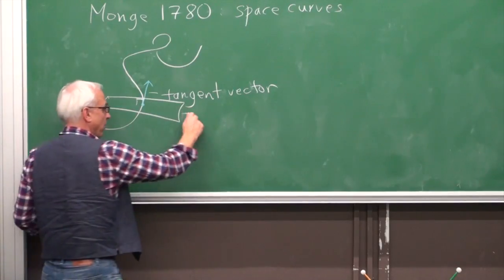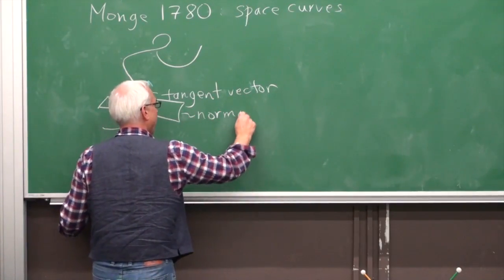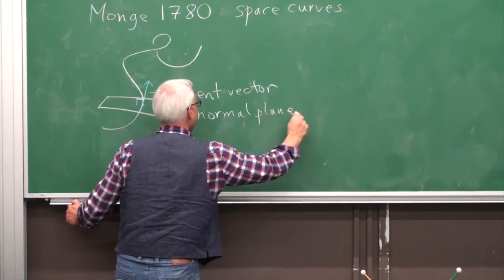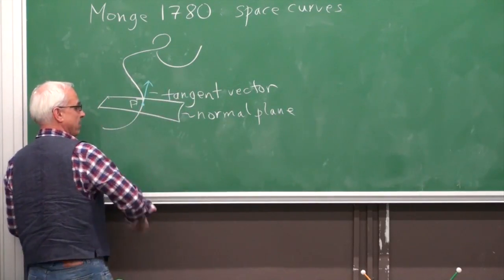So we call that the normal plane. Now this is all at some point, so let's call it P.